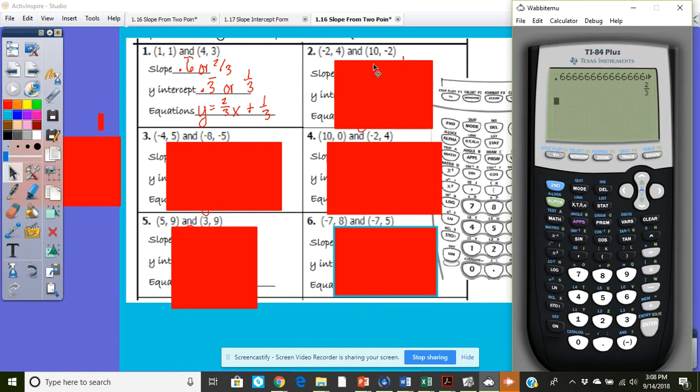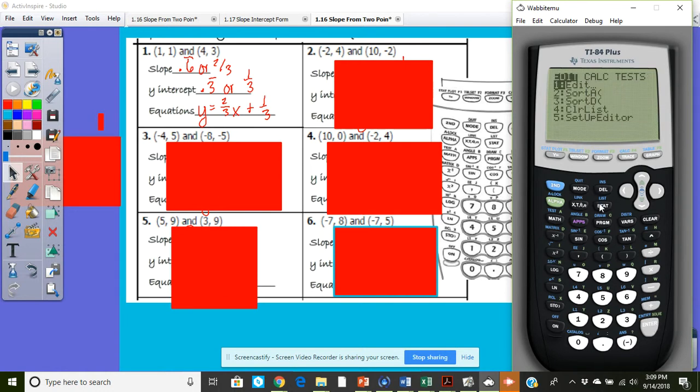All right, so number 2 here, go to stat, enter, and you want to clear your list. Make sure that you clear your values out of your list. Now we can put our new values in here. I've got -2, 4 and 10, -2. So -2 and 10 are my x values. 4 and -2 are my y values.